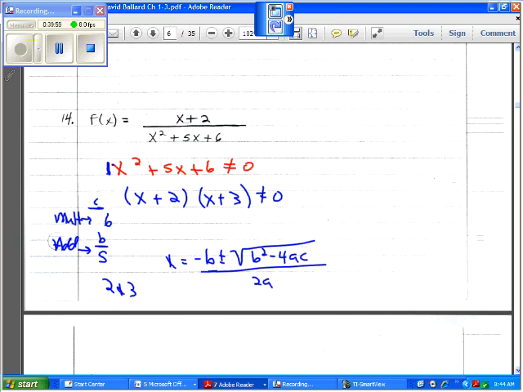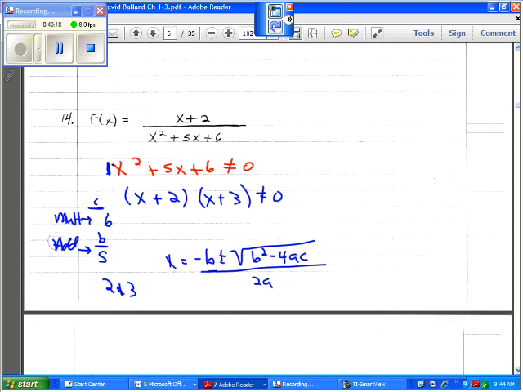So if all else fails, use the quadratic formula. But we would fail if we did, because, well, we could kind of go backwards. But we really need to be able to factor. Because if we're going to remove the discontinuities, we don't just need the solutions, we need the factors.